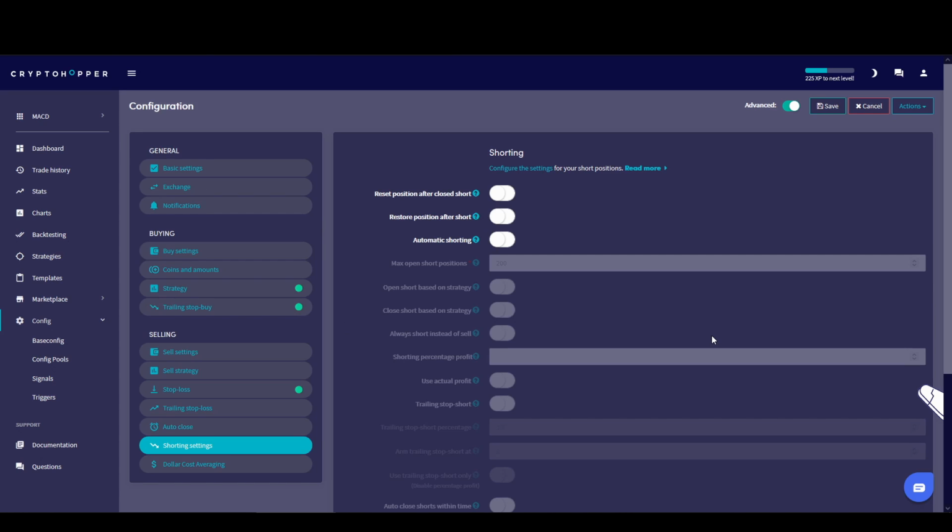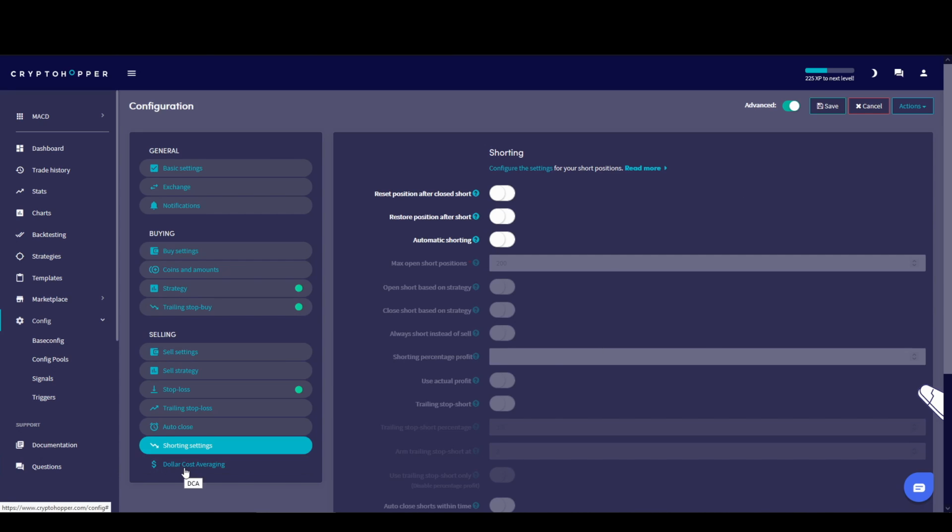All it's going to do is sell your $100 of Bitcoin and wait to buy it back later. So that's not really shorting. It's just selling at a certain level and hoping to buy it back lower when the market goes down. So we don't need to use that. It's not a real short. So the best is to just leave it disabled.